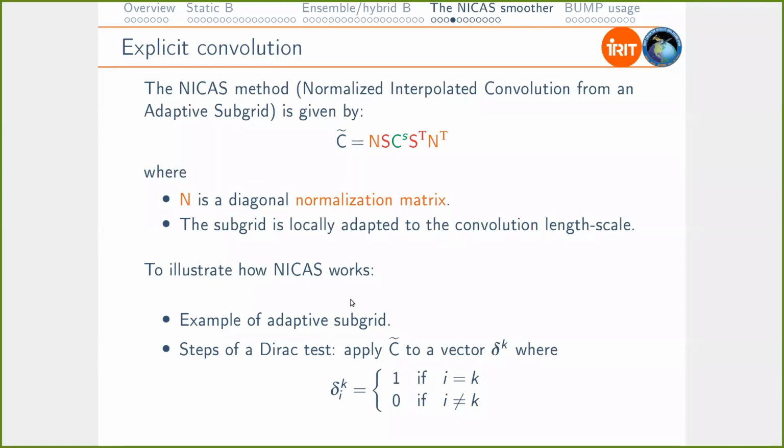To illustrate how it works, I'll give you some examples of an adaptive subgrid and show you the steps of a direct test. The direct test is very interesting when we develop covariance matrices, because it's just applying a vector with zeros everywhere and a 1 at some point. And so we can basically get the columns of our B matrix that way.